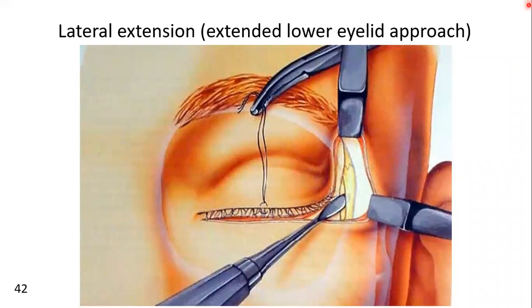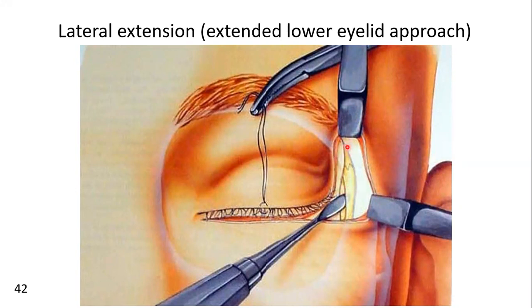Now, you can see the dissection to the level of the frontozygomatic suture. The tissue superficial to the periosteum is retracted superiorly with a small retractor, and an incision through the periosteum, as we said earlier, is made 3 to 4 mm lateral to the lateral orbital rim.